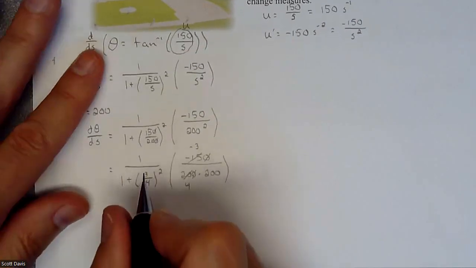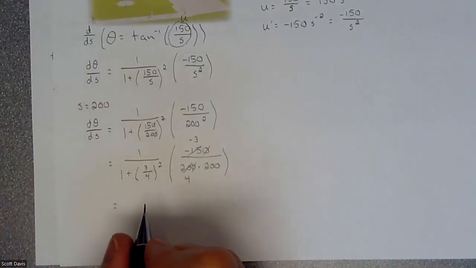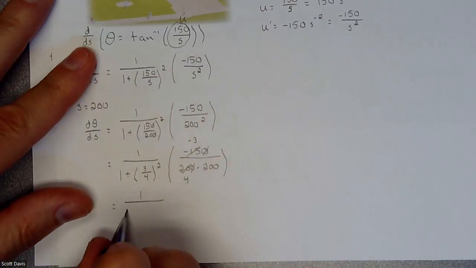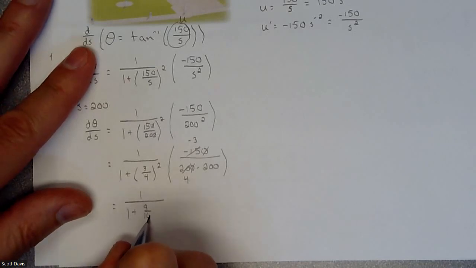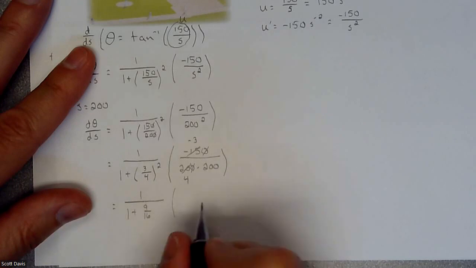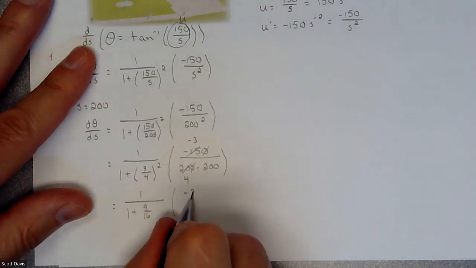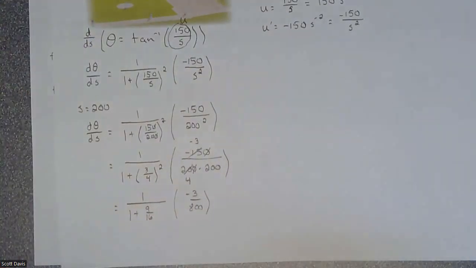So we're looking at 1 over 1 plus 9/16 times negative 3 over 800. Right, that's what I got going on for that one.